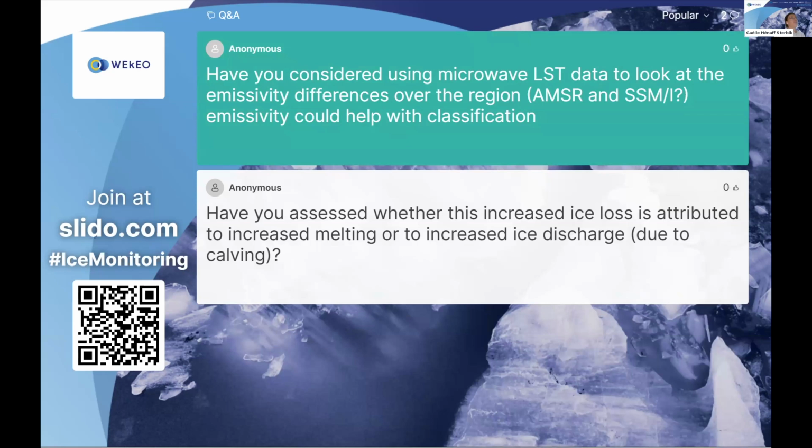Okay, thanks a lot. Another, more specific question: have you considered using microwave LST data to look at the emissivity differences over the region, AMSR and SSMI? Emissivity could help with classification. We thought about it, because I have some people working with this type of measurement, but as I said, it's sometimes very complex to connect the field data, atmospheric reanalysis, ice modeling, and also this type of measurement.